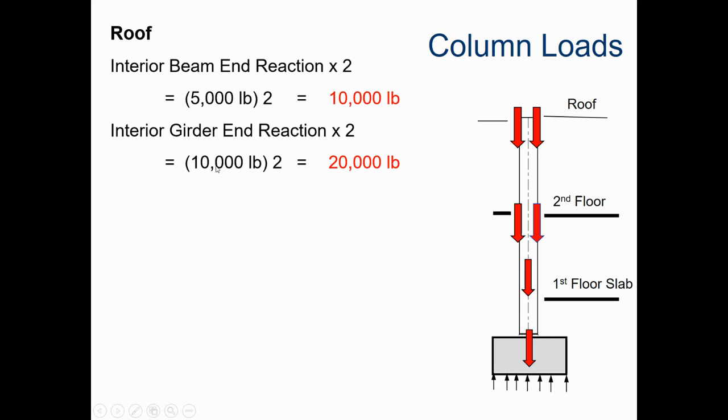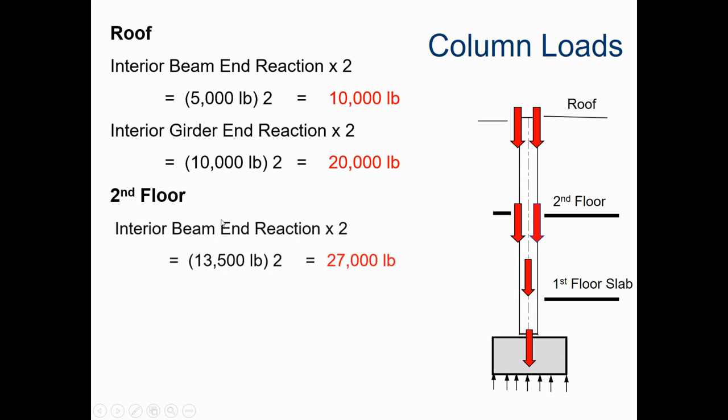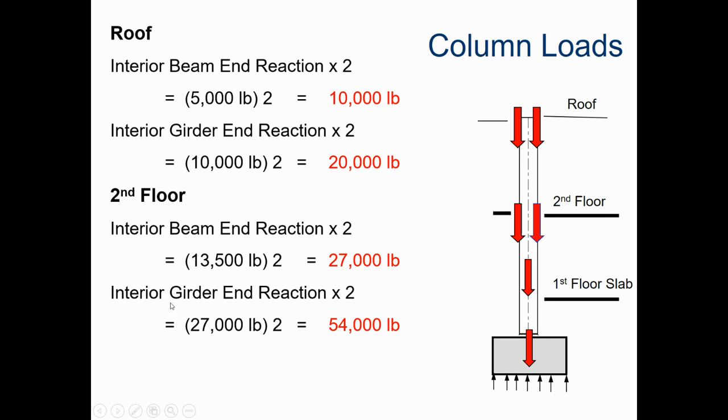So 2 times the end reaction of 10,000 gives us 20,000 pounds. From the second floor, we have two beams acting on it. Each are 13,500 to give us 27,000. And we have two girders acting on the column as well. And each of those are 27,000 pounds times 2 gives us 54,000 pounds.